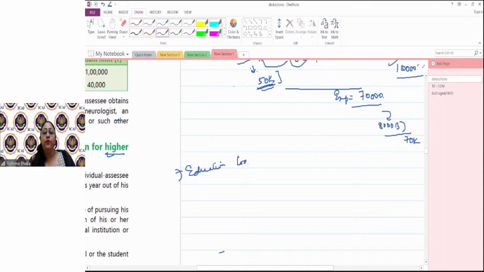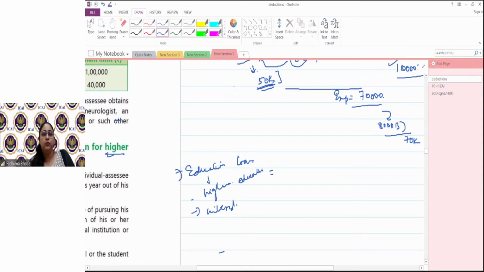Education loan for any course after your senior secondary examination, or in simple words, for higher education. मतलब after 12th, if for some higher education purpose the loan is being taken, उसका interest would be allowed as deduction.